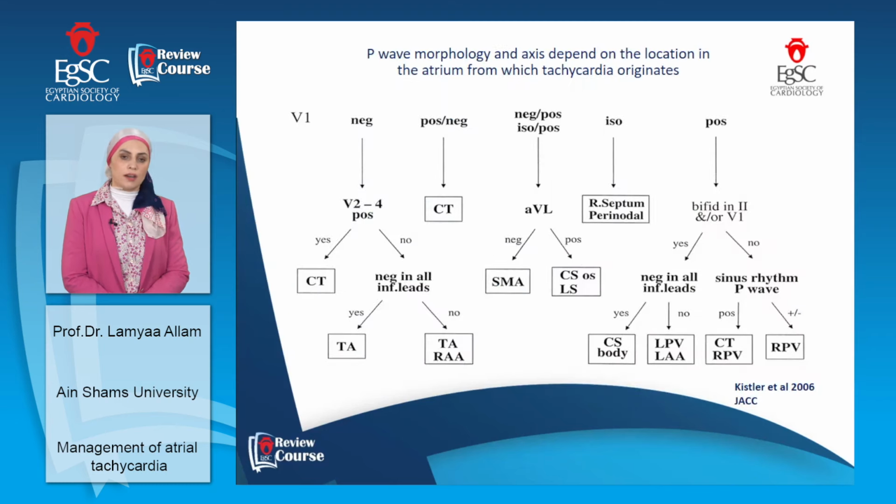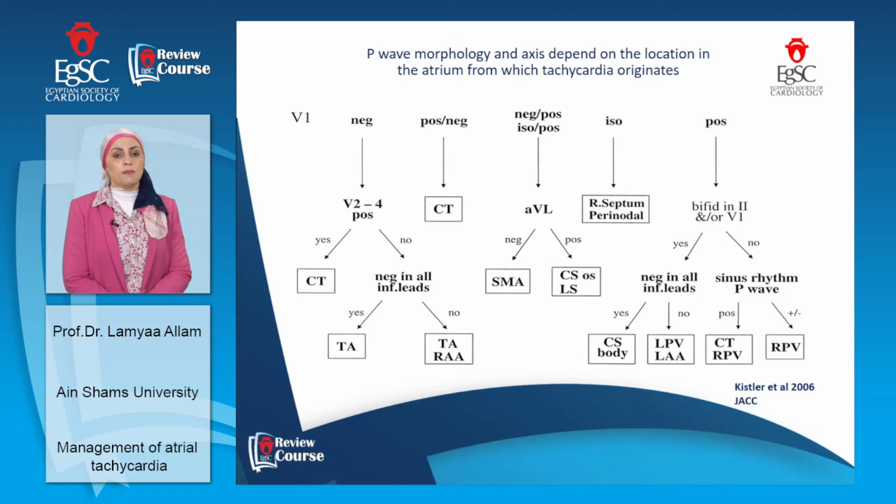There are many algorithms published over the years to detect the site of atrial tachycardia, but the most important algorithm was published by Kistler et al.